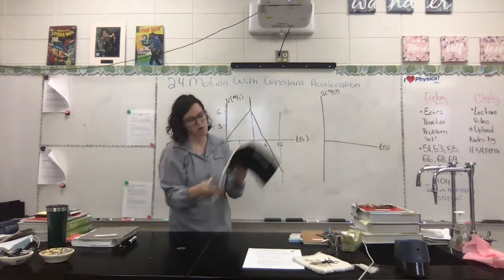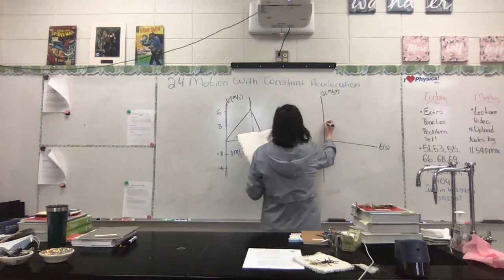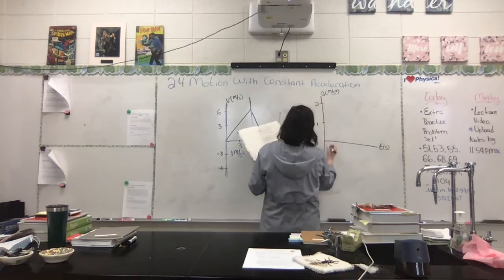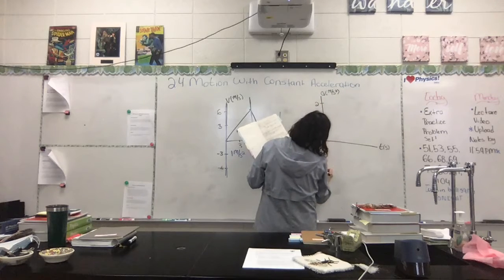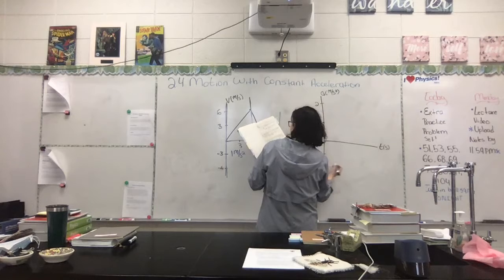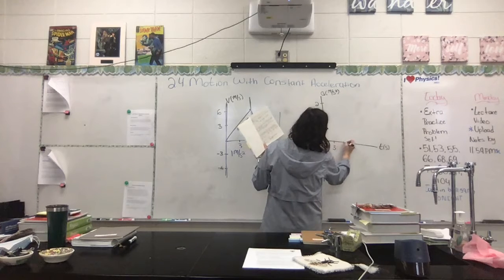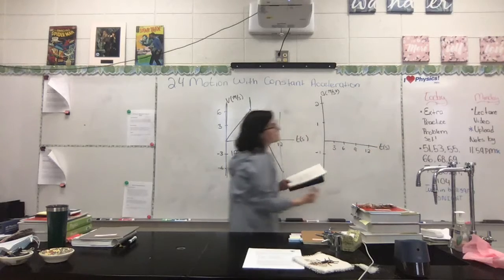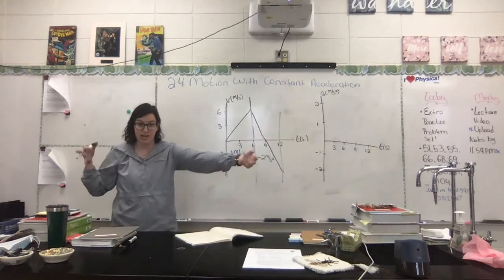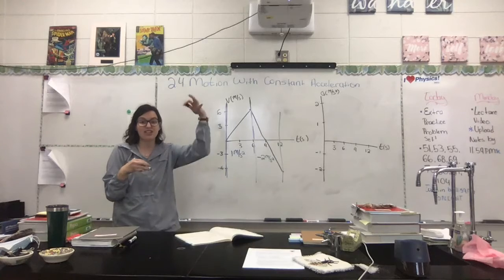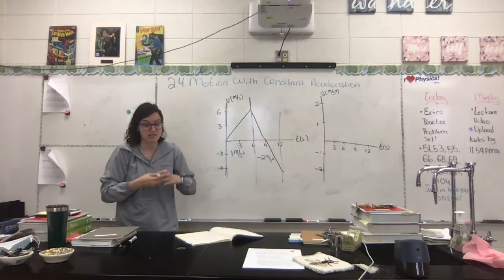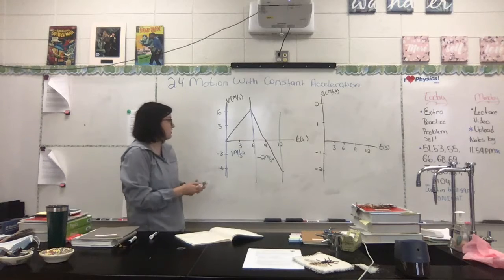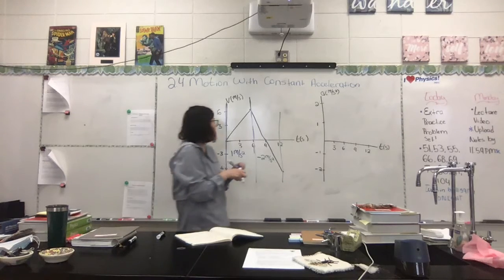Okay, so we can just go 1, 2, negative 1, negative 2, and then we're still going to have 3, 6, 9, 12, because our time hasn't changed. What's changed is that our acceleration doesn't go really as high as our velocity does. So our acceleration graph is going to look like this.